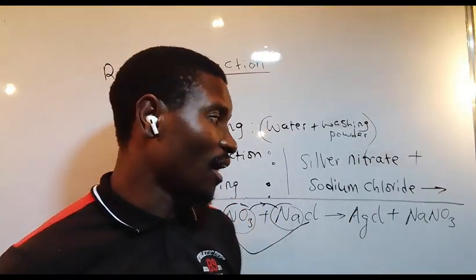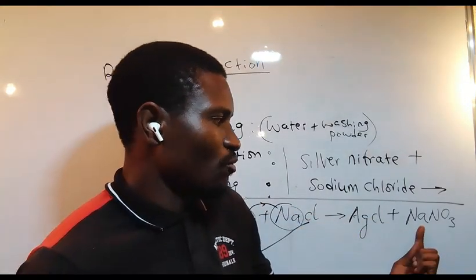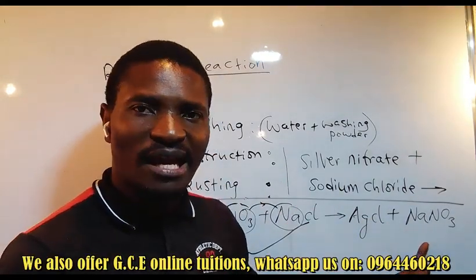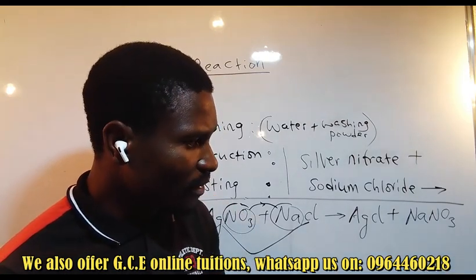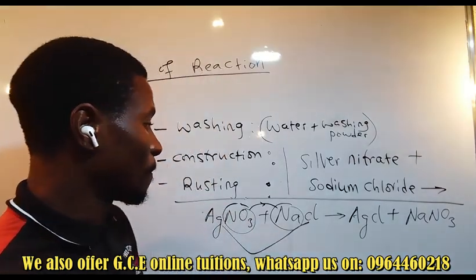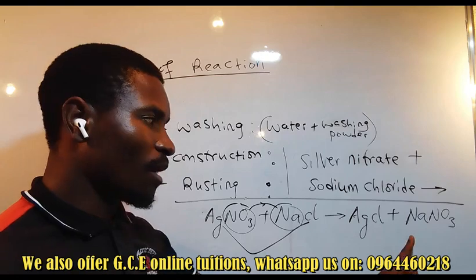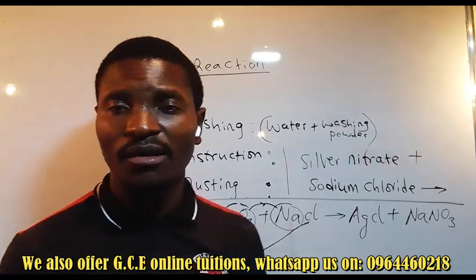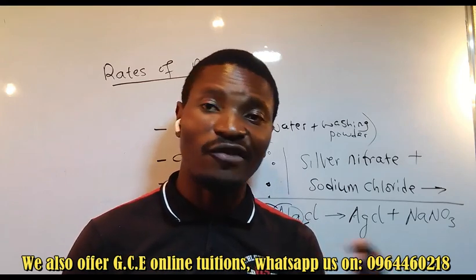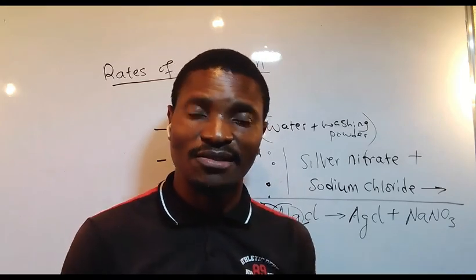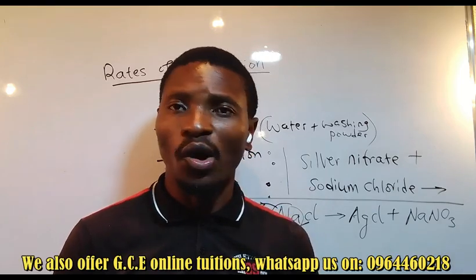But nevertheless, when you look at the two chemical reactions, maybe I'm interested in producing this kind of salt, sodium nitrate, and silver chloride. Because in the chemical industry, the manufacturing industry that makes these chemicals, they have to understand how fast they are producing this kind of compound.